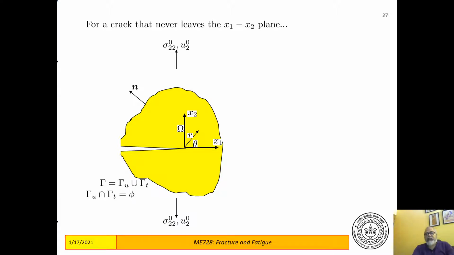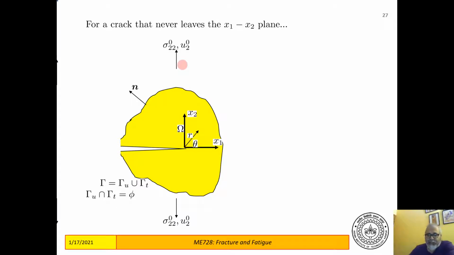Before we go into the solution, we have to make sure that we understand a few concepts. First is we assume that this crack tip never leaves the plane. It moves in a path along the plane if it moves at all. And this is at the moment a stationary crack. It's not going anywhere. It's just on the plane.